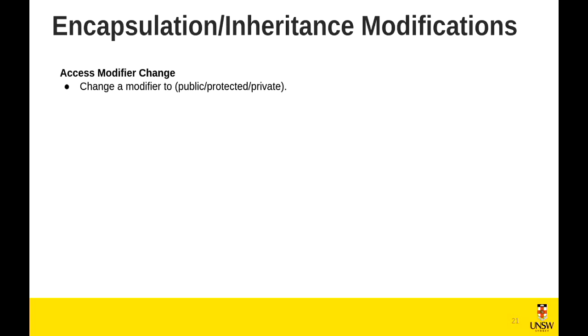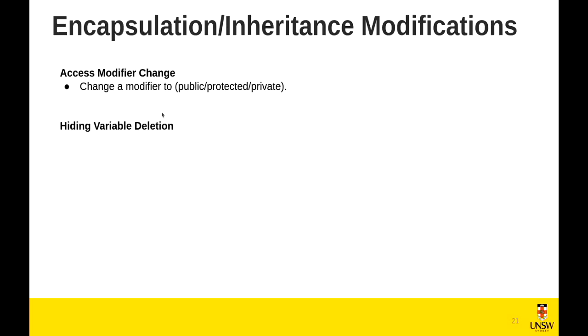What we can do for a higher level of mutation is modify the access modifier of an OO language. For example, in Java, there are modifiers called public, protected, and private. We can change the modifier from public to maybe private or protected, and see what happens to the program. So this is related to encapsulation.